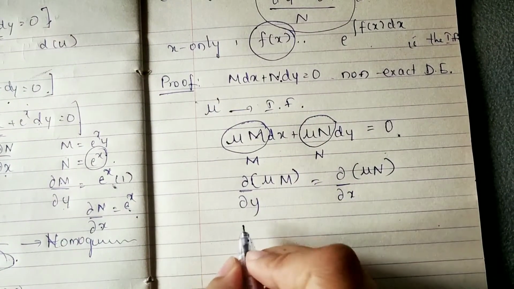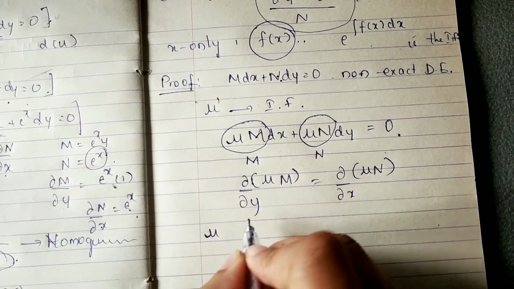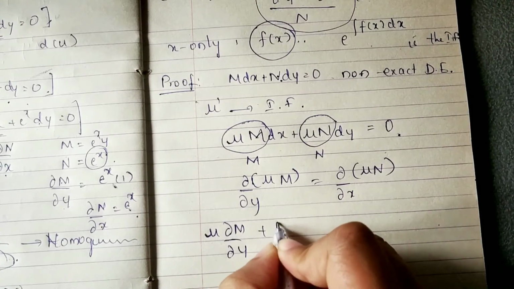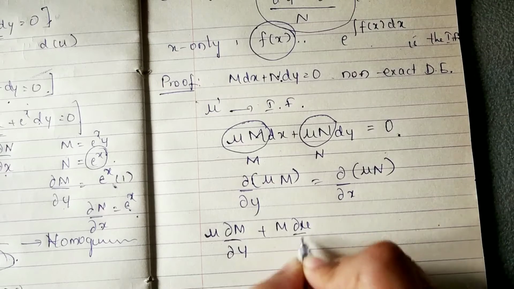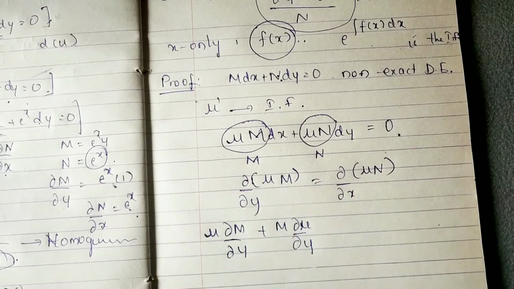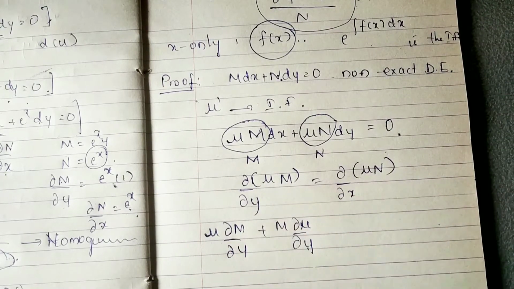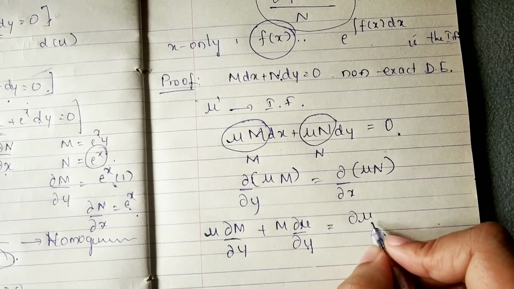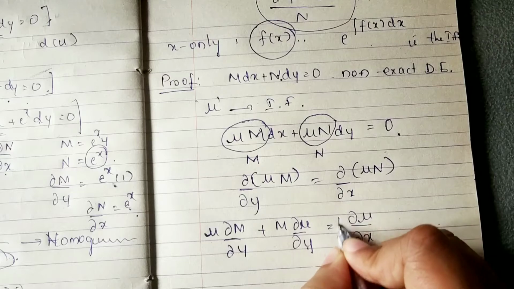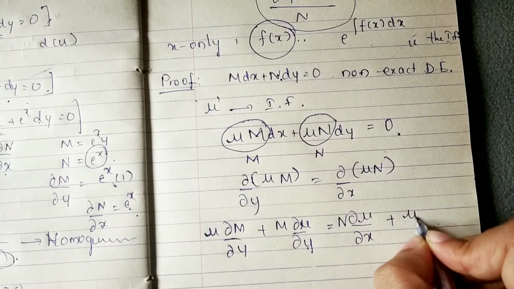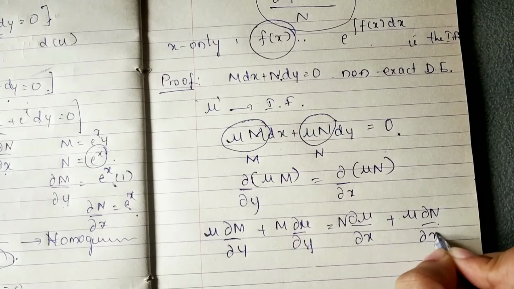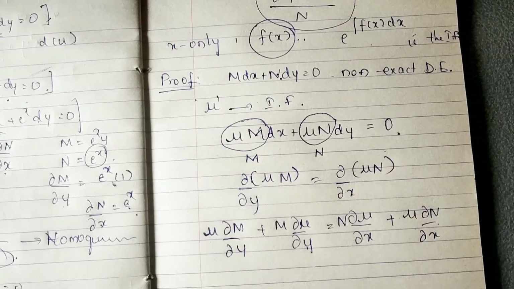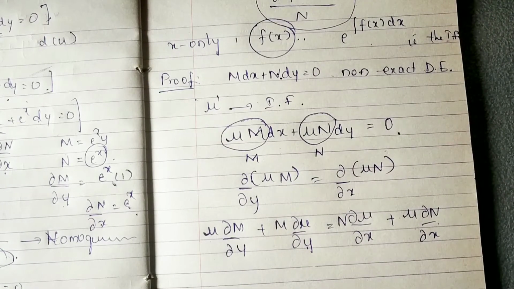Now we get mu into dou M by dou y plus M into dou mu by dou y. Mu into M is there, with respect to y we need to differentiate. This will be equal to dou mu by dou x into N plus mu into dou N by dou x. Here I am differentiating term by term, applying the product rule.